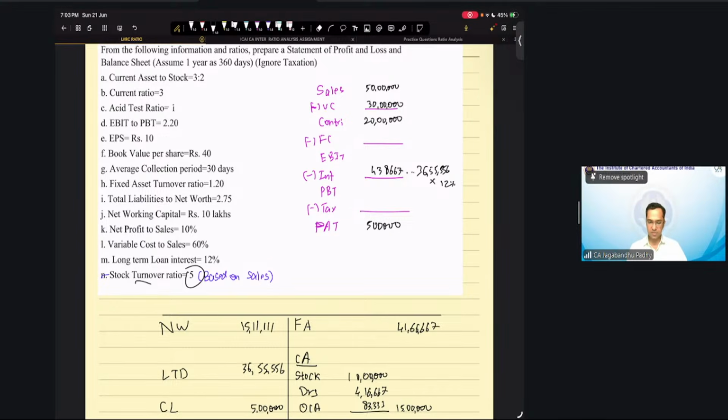That's your interest. Then we have EBIT to PBT ratio as 2.2. So EBIT upon EBIT minus 4,38,667 is equal to 2.2. From this, you can get the EBIT value.